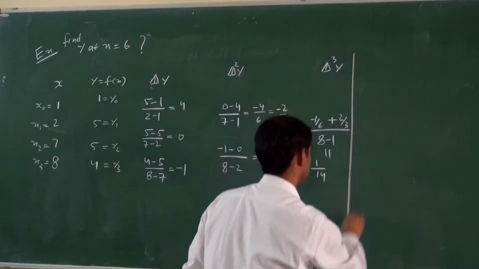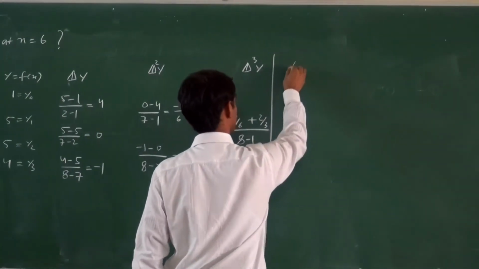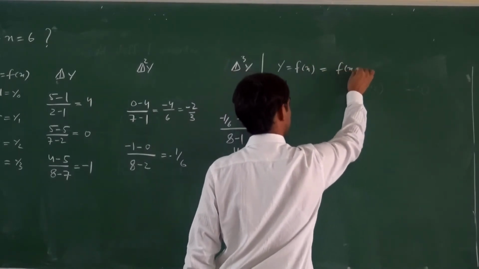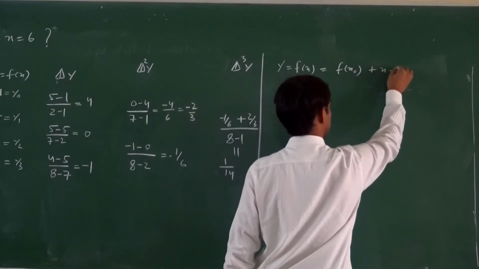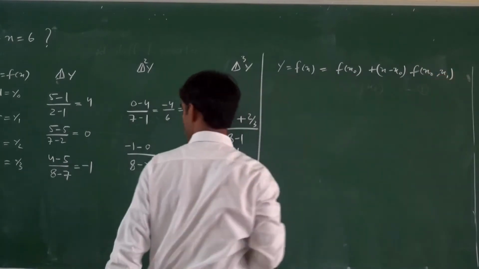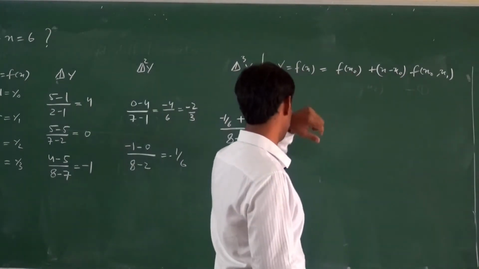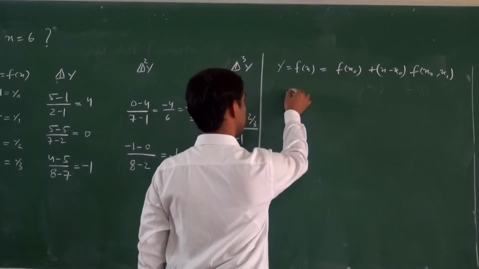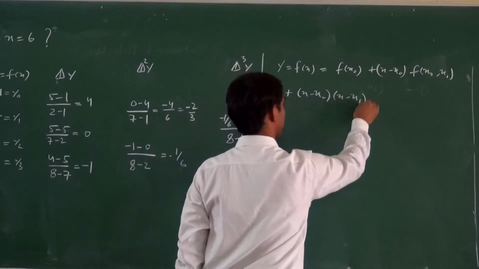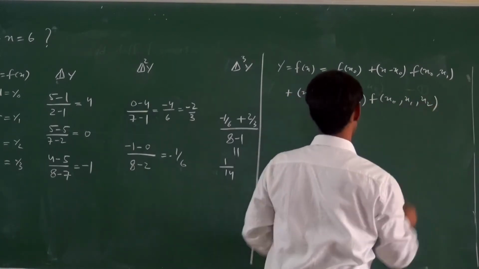We know Newton's divided difference formula. Y equals f of x equals f of x0 plus x minus x0 times the first order divided difference f of x0, x1, and in a similar manner, plus x minus x0, x minus x1 times f of x0, x1, x2, the second order divided difference.